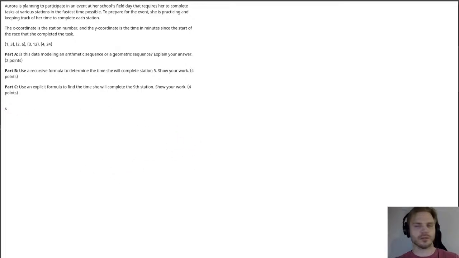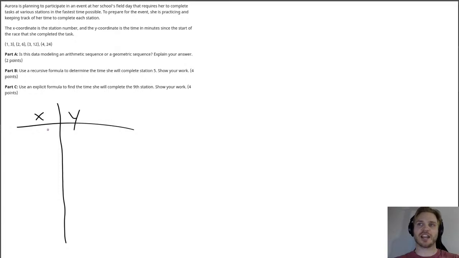Okay, there it is. So one thing to note is, if this is X and that's the station number, and this is Y and it's the time since the start of the race, then the station number is the independent variable, which doesn't make any sense.